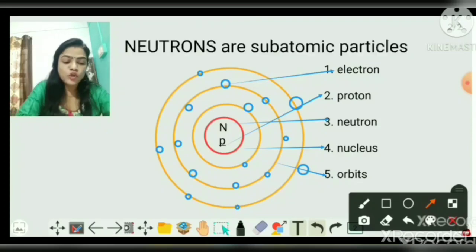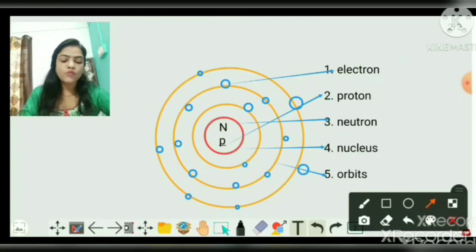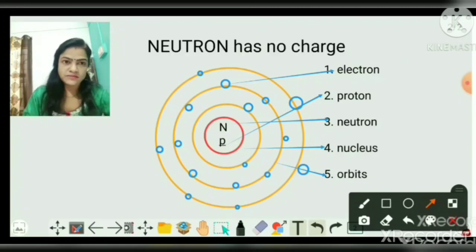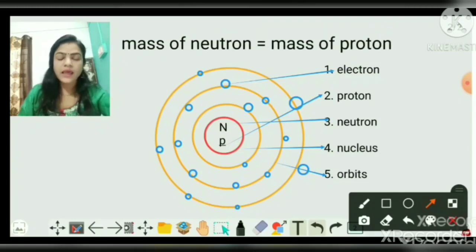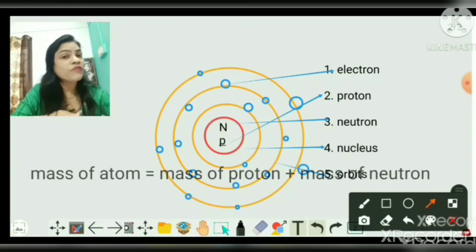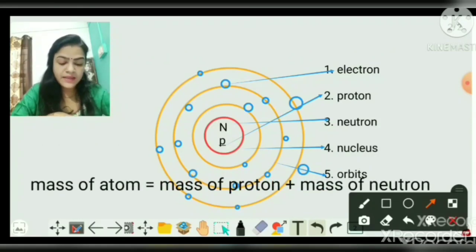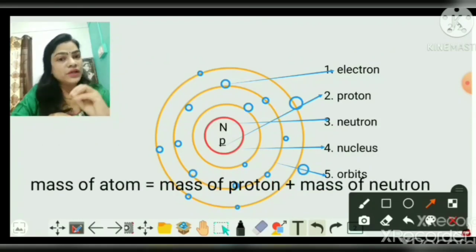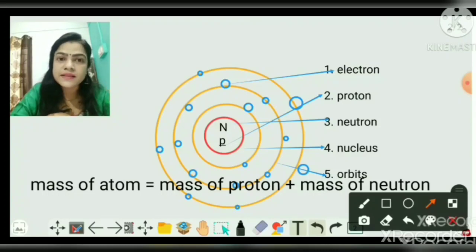Neutrons are subatomic particles which have no charge and a mass equal to the proton. The mass of an atom is the sum of the mass of the neutrons and the mass of the protons.